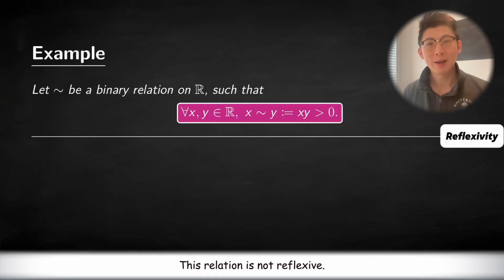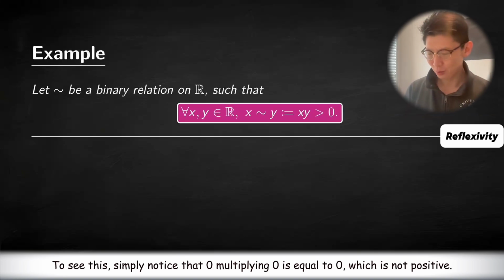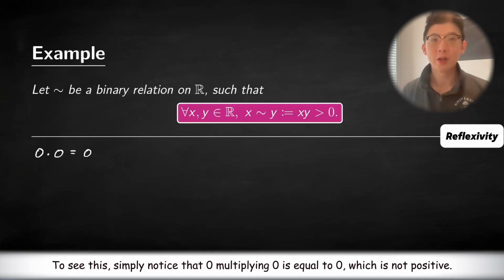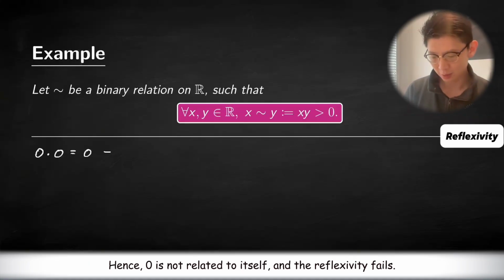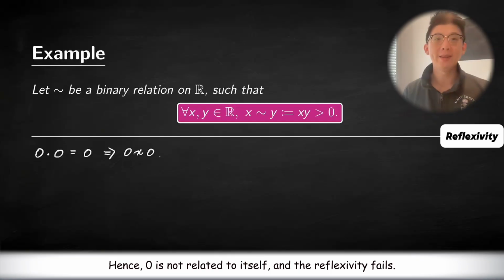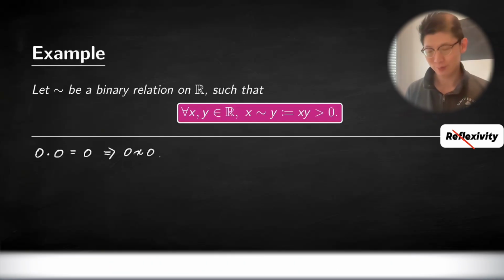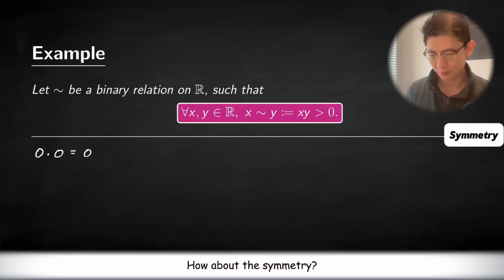In our first example, X being related to Y is defined as their product being positive. This relation is not reflexive. To see this, simply notice that 0 multiplying 0 is equal to 0, which is not positive. Hence, 0 is not related to itself, and the reflexivity fails. How about the symmetry?